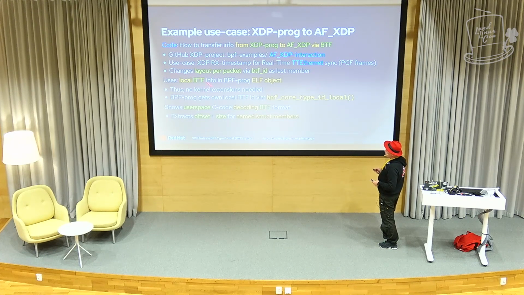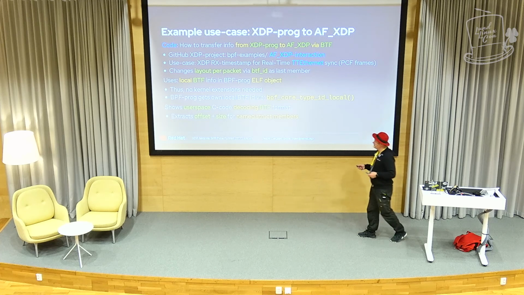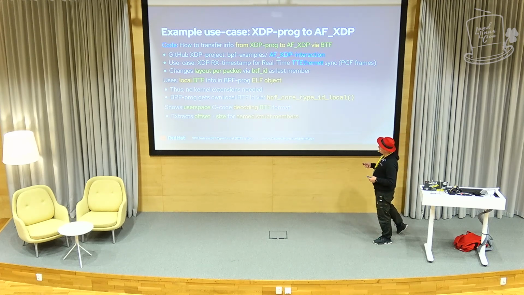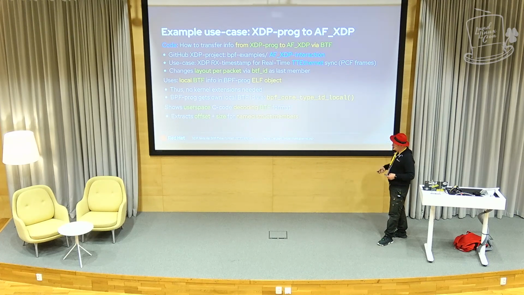What I did was use the local BTF in the ELF object, so I didn't need any kernel extensions, and I got the local ID this way. User space then decodes the BTF format and the available BTF IDs in C code, and we can extract the offsets and sizes for the named struct members we're interested in.